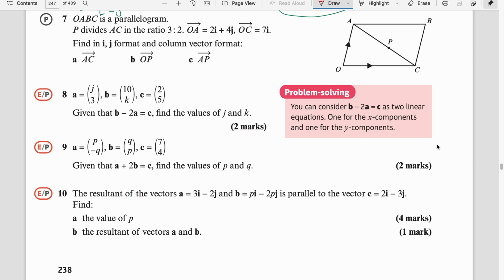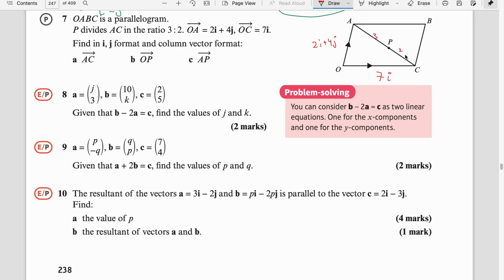Okay, ratio part. Question 7 says OABC is a parallelogram. P divides AC in the ratio 3:2. OA is given, which is 2i plus 4j. OC is given, 7i. Find the IJ format and the column vector format for AC.